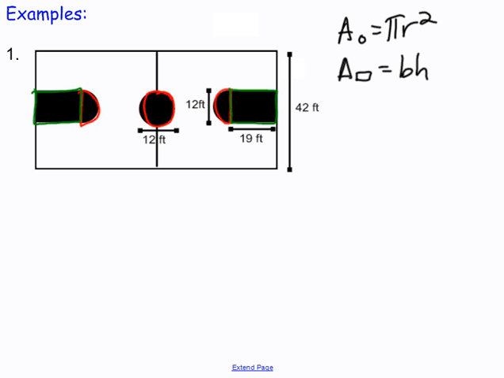So the area of the two circles is going to be 2 times pi times the radius squared. If I'm looking at this circle here, this radius is half of 12, so that's going to be 6. So I've got two circles, so there's the 2, pi, and 6 squared.